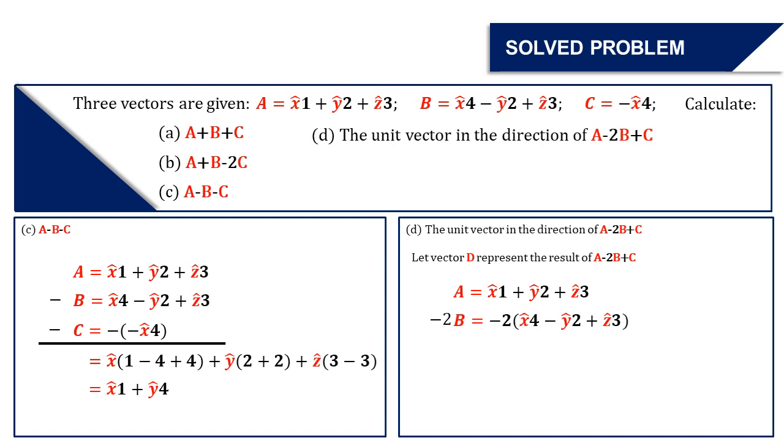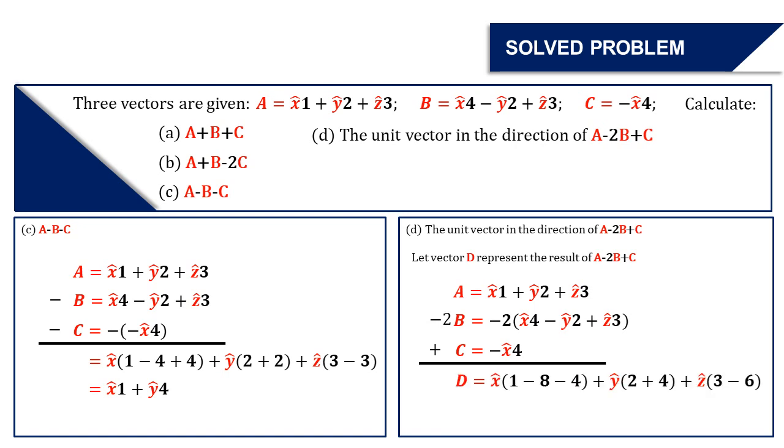So, ang result natin, that will be D is equal to, sa x, 1 minus 8 minus 4. Sa y naman, that would be 2 plus 4. That's negative 2 times negative 2. Kaya magiging 4 to. Sa z, that's 3 minus 6. That's 2 times 3. So, therefore, yung d natin is negative x hat 11 plus y hat 6 minus z hat 3.